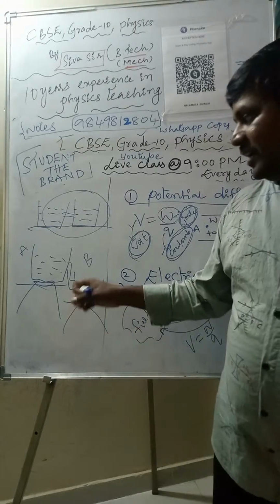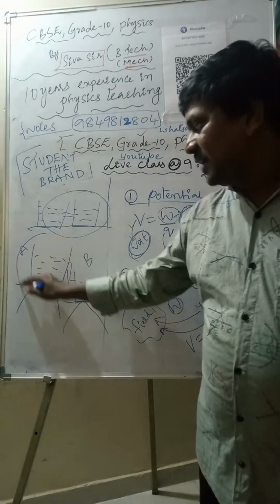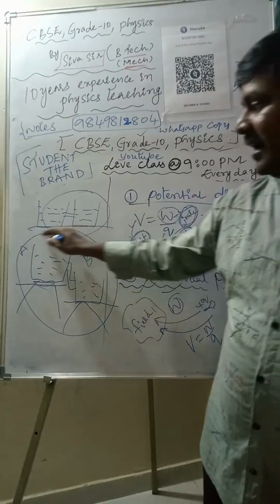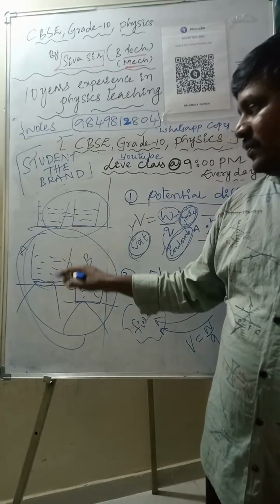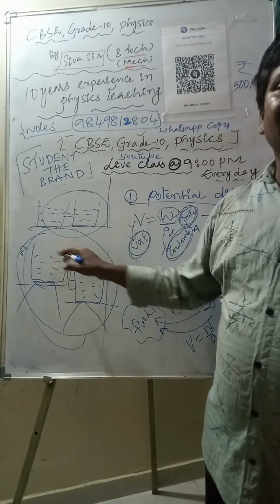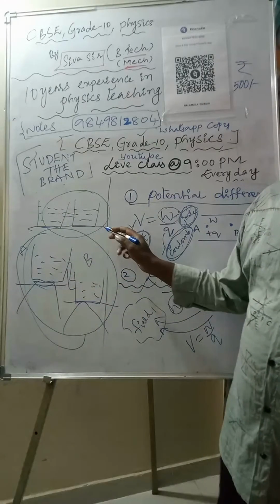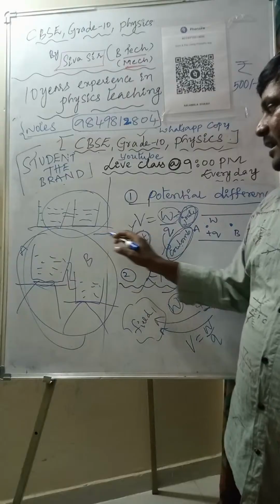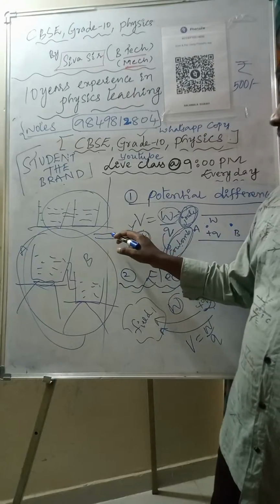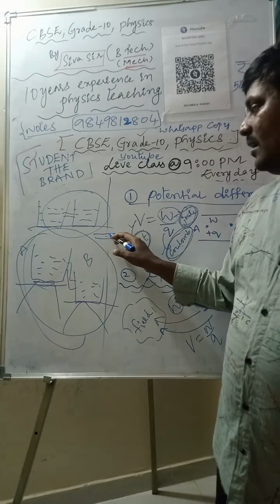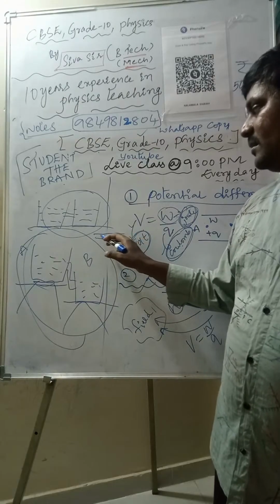So here you can see, because of the height difference, the water is flowing from beaker A to beaker B. Here also, in the conductor, electrons will not move without any difference.